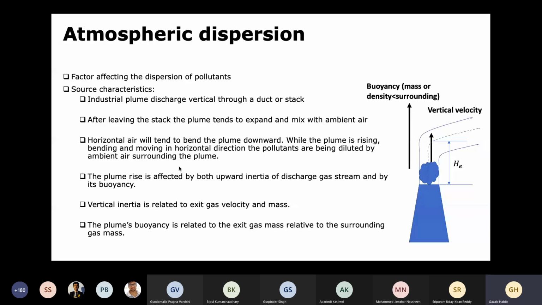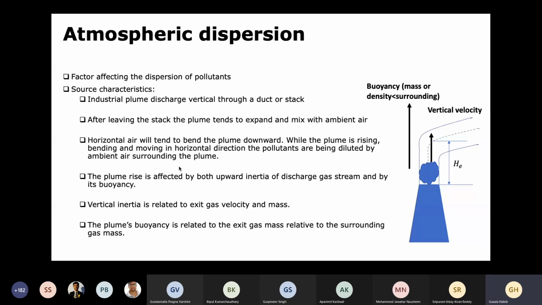For example, for a power plant where the combustion temperature is very high, the velocity of the flue gas will be higher than another source, say brick kiln, where there is also a stack, but the combustion temperature is relatively lower than the power plant.